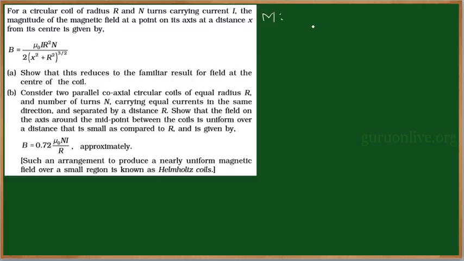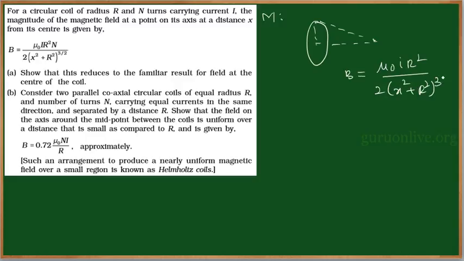from the textbook we know that the magnetic field at a point on the axis of a circular coil can be represented as B is equal to mu naught I into r square by 2 into x square plus r square whole to the power of 3 by 2, where I is the current flowing in the coil and r is the radius of the coil and x is the distance of that point from the center of the coil.